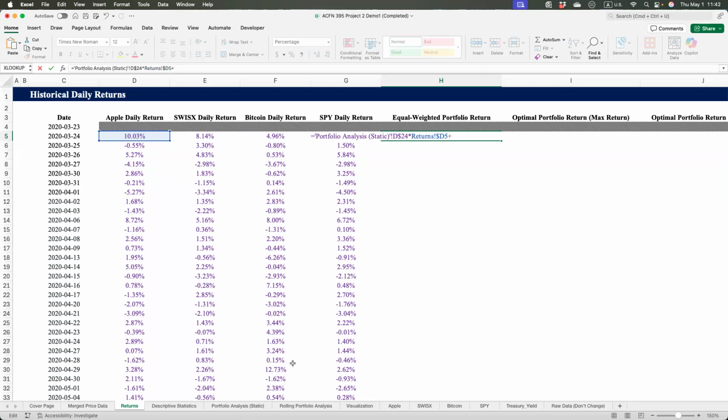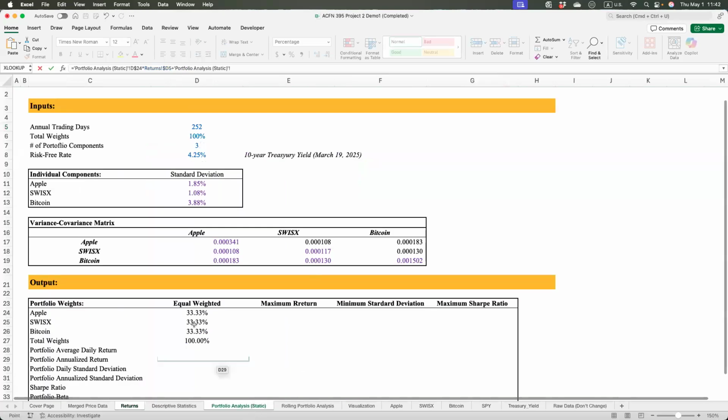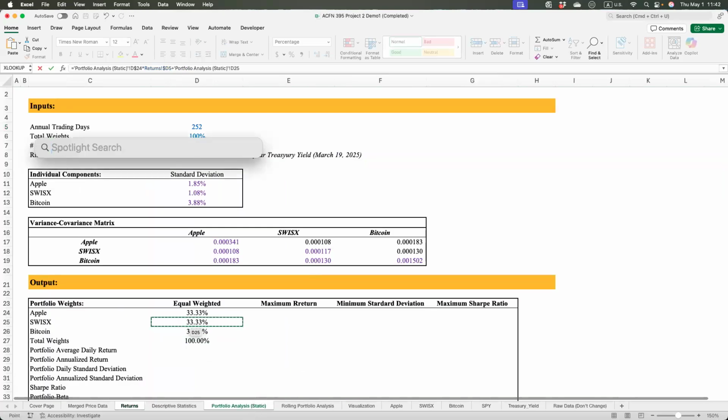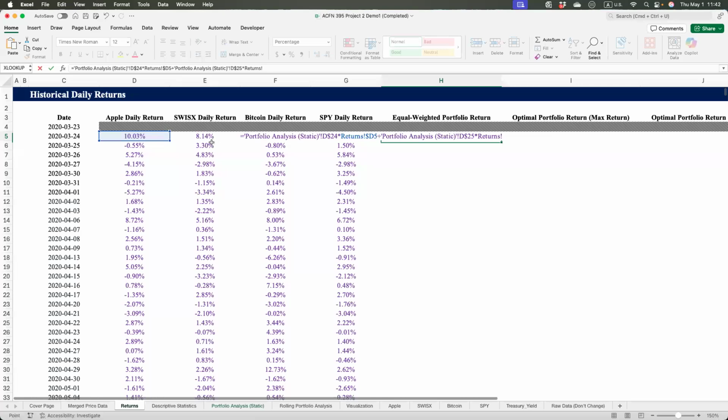For your case, you're going to have 8 components, okay? So we have this return plus the weights for the mutual fund. I'm going to lock the row for this one and multiply by the mutual fund return. I'm going to lock the column for this one, and then plus.